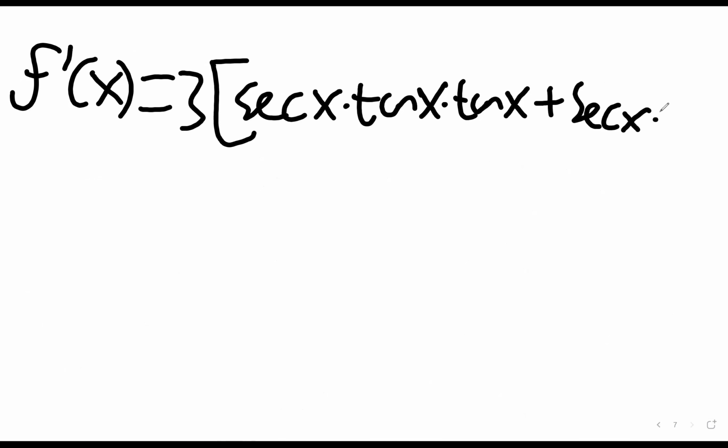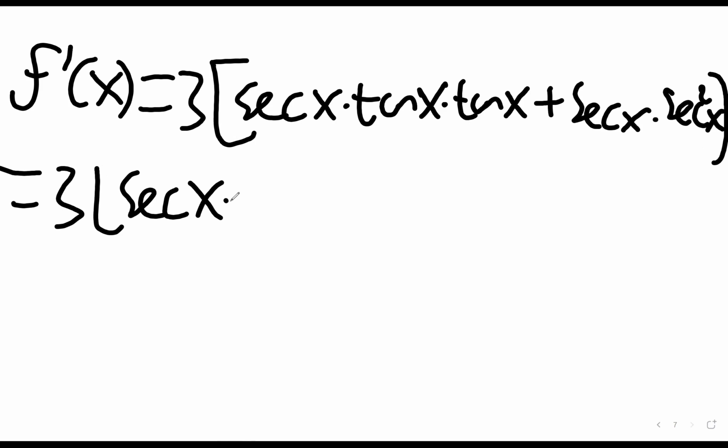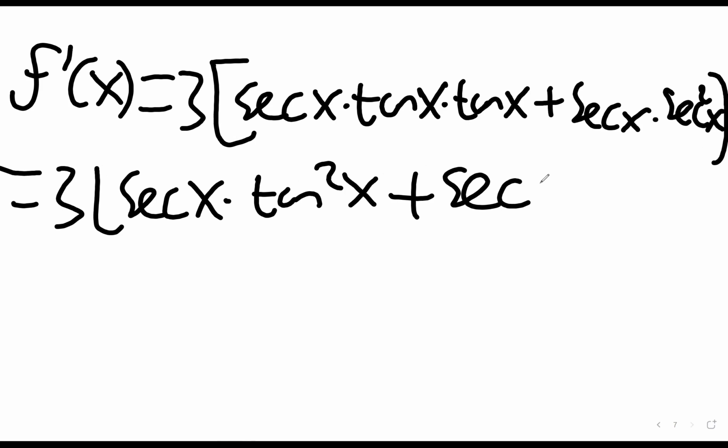And then I have the derivative of tangent of x, which is secant x squared. So in this case, I will have 3 multiplied by secant x tangent squared of x plus secant x to the power 3. Okay, so that's the result.